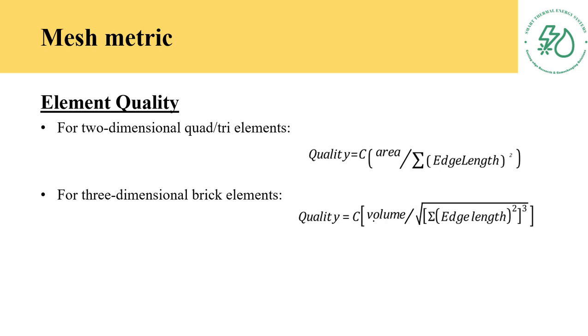If you use 3D meshes, this formula can help. A value of 1 indicates a perfect cube or square, while when you reach 0, the element has a zero or negative volume, and it couldn't be acceptable.